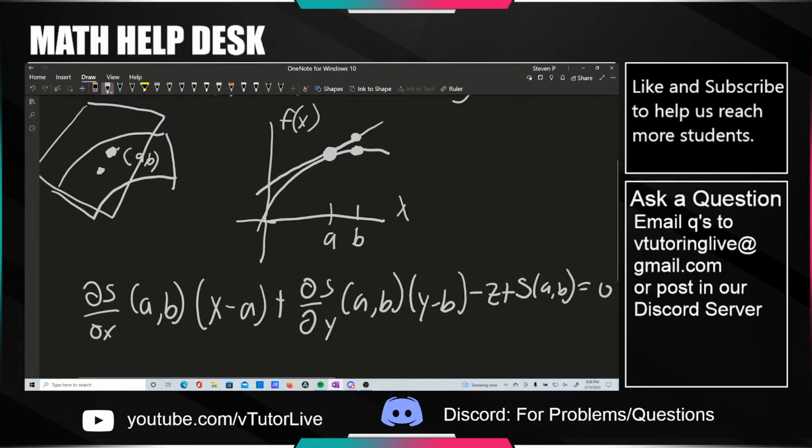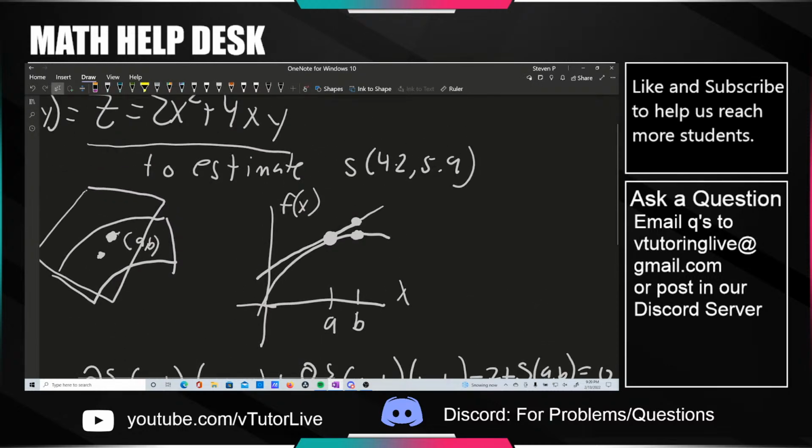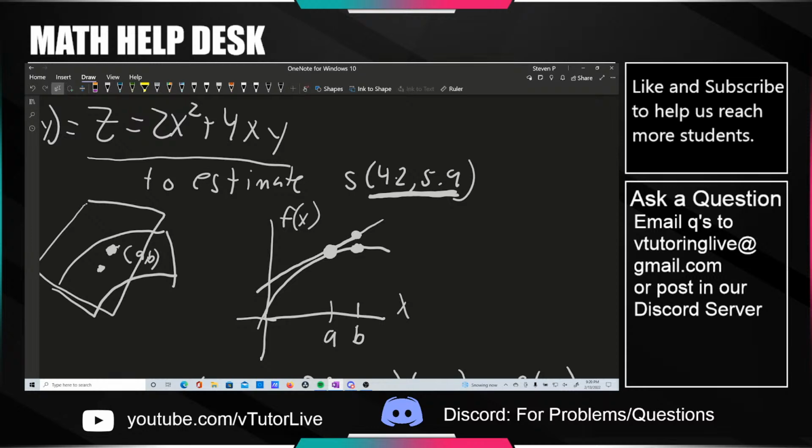The idea behind this problem is that they tell you the point that they want to approximate at, but they don't tell you the point of tangency itself. This is one of those, in my opinion, not very well written problems where you're just supposed to infer that this is probably close to the point 4 comma 6.